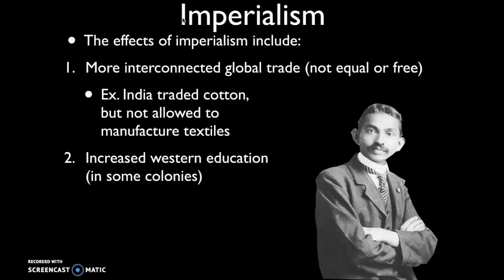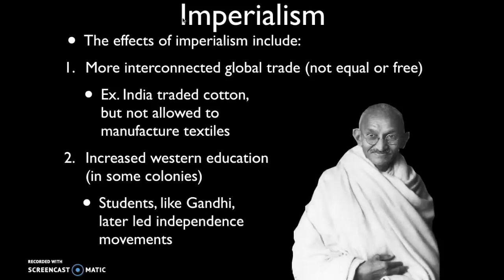The second major effect of imperialism was increased Western education. As we talked about earlier though, this was really limited to some colonies and, most importantly, limited to a very small subset of privileged people within those colonies. So we're going to see students who receive Western style education oftentimes later become the leaders of independence movements.